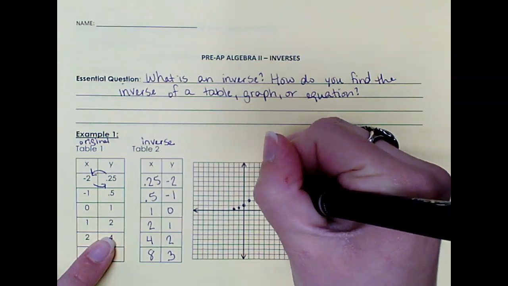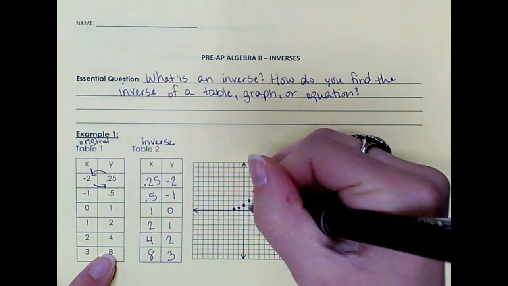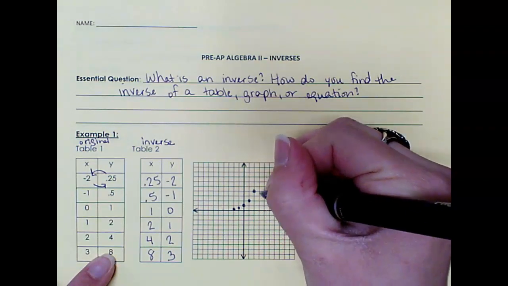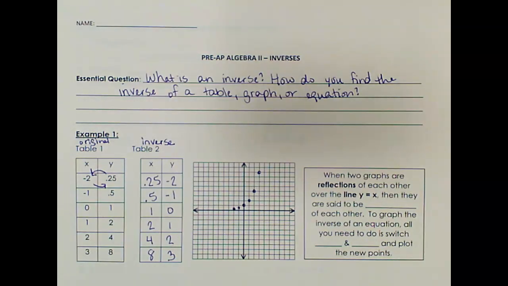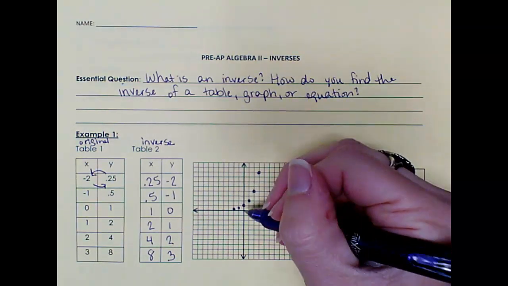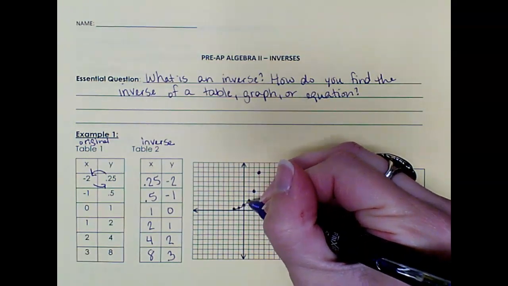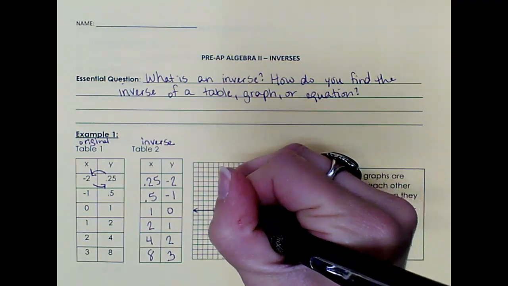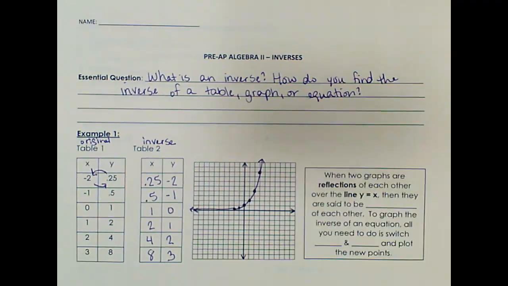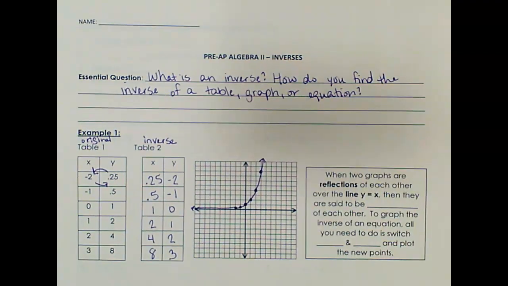And 3, 8. There we go. So this is the graph of the original relationship. So I'm going to go ahead and connect it with a curve, and I'm going to show almost like an asymptote right there.